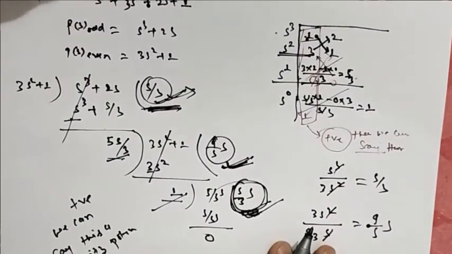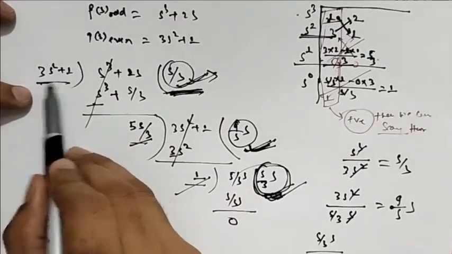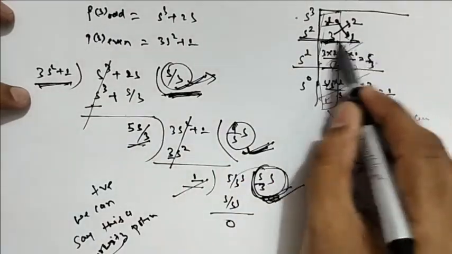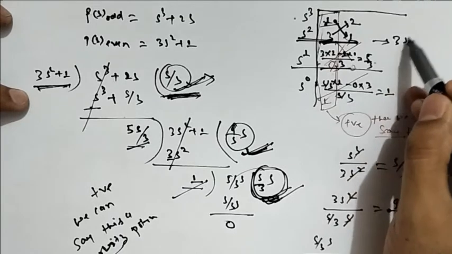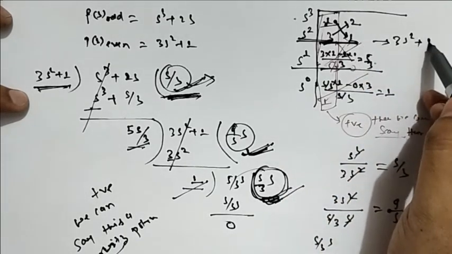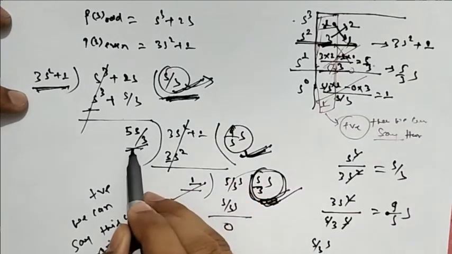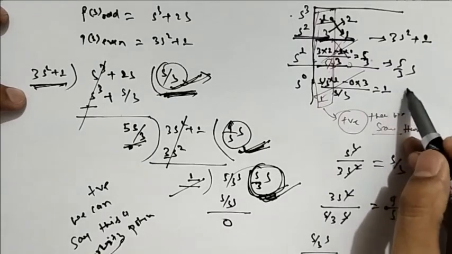And if you see, what is this? 3s square plus 1. If I see 3s and the next power will be s to the power 0, so it will be 1. Now if I see 5 by 3 s, see this is 5 by 3 s, now this will be 1.